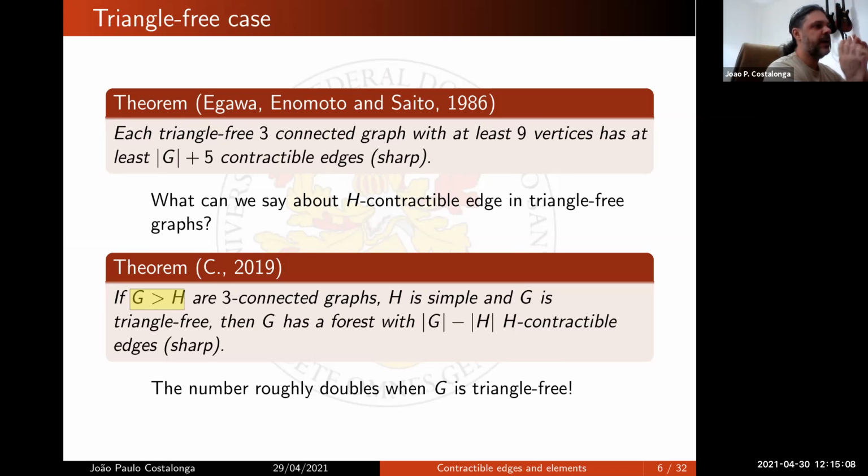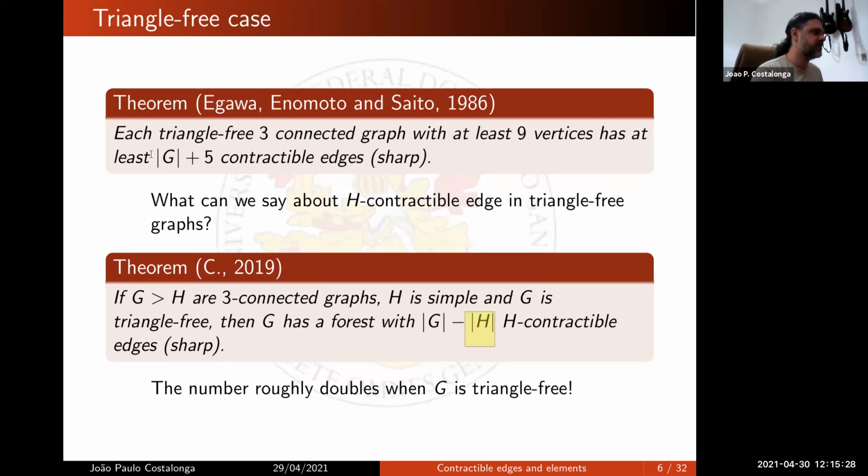If we have H and G three-connected graphs, and G has an H minor, H is simple, and G is triangle-free, then G has a forest with order of G minus order of H contractible edges.